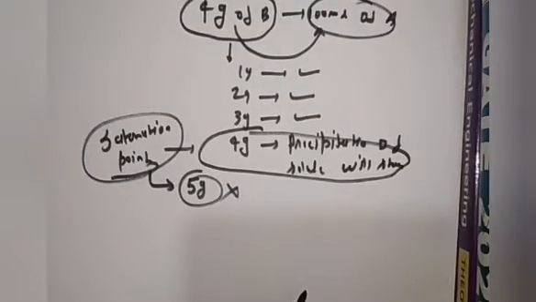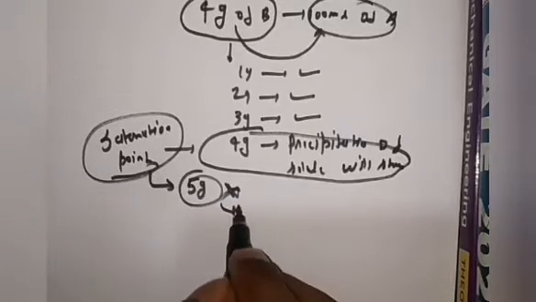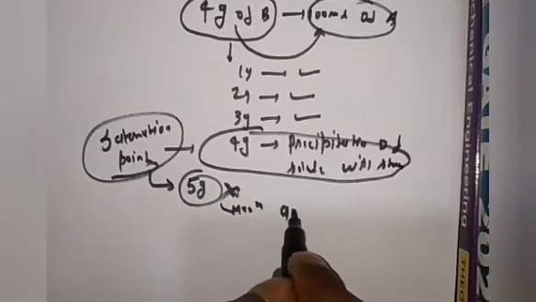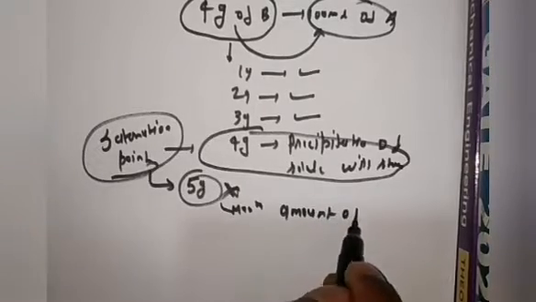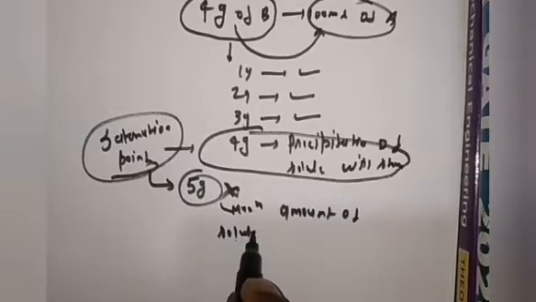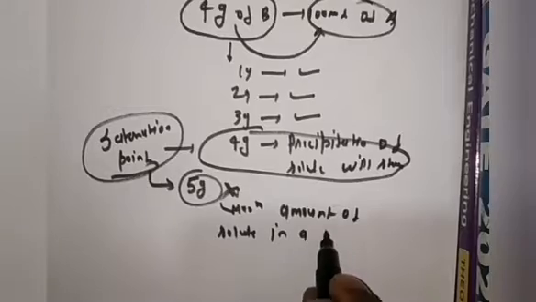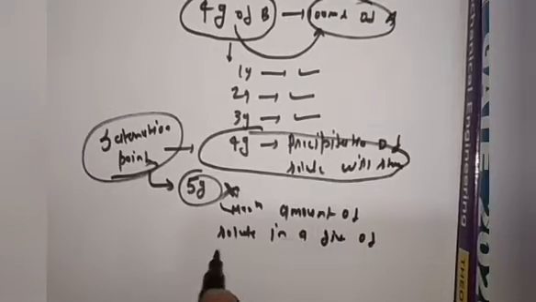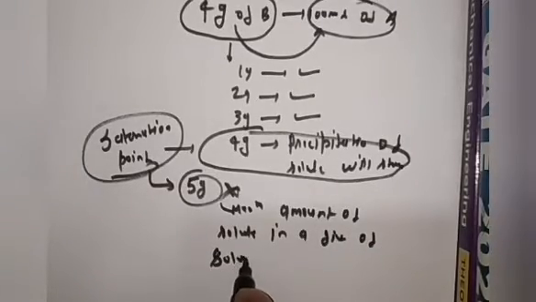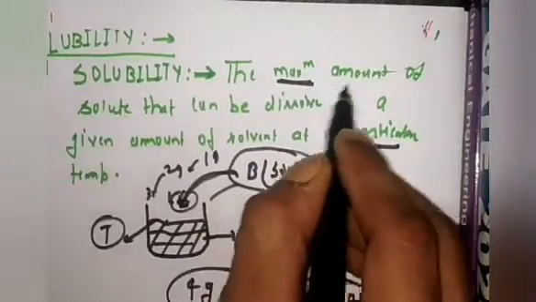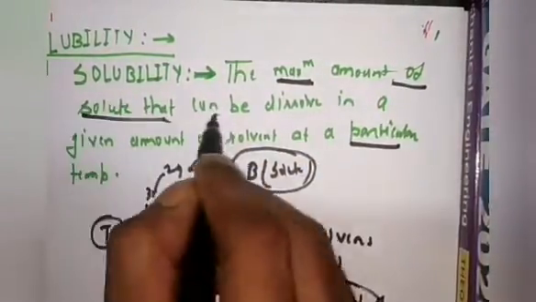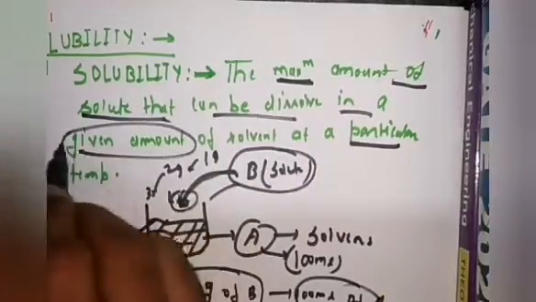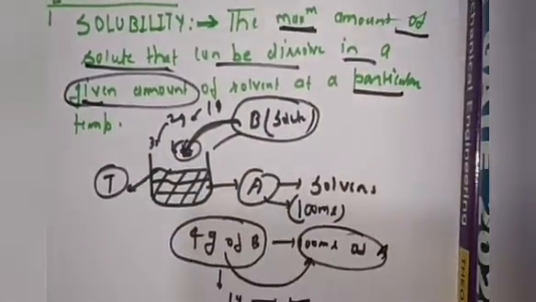That's why there is a limiting condition: the maximum amount of solute in a given amount of solvent. That's why the definition of solubility is the maximum amount of solute that can be dissolved in a given amount of solvent. Okay, this clarifies these things.